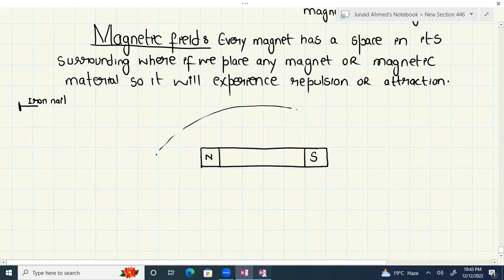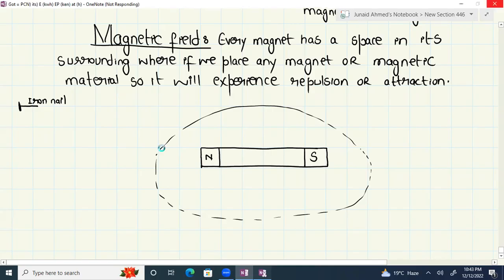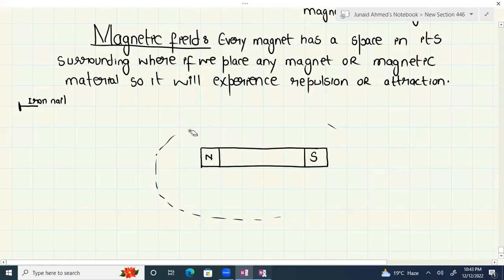तो अब जैसे ये है, इसका ये region है, इसकी surrounding में imaginary region है, जिसमें ये किसी भी magnetic material पे कोई force apply कर सकता है.